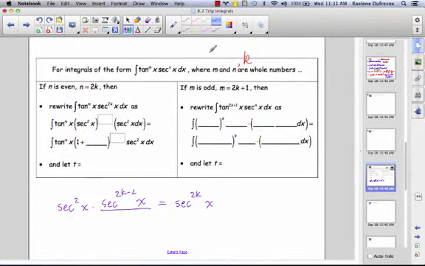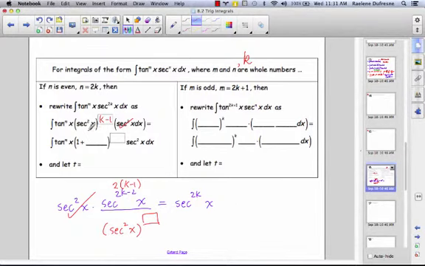we have this secant squared outside here, and we want to break this apart as secant squared inside and something in the box. So what we really have to do is factor out a 2, and we get 2 times k minus 1. And so the secant squared is the secant to the 2, and the k minus 1 goes in the box.